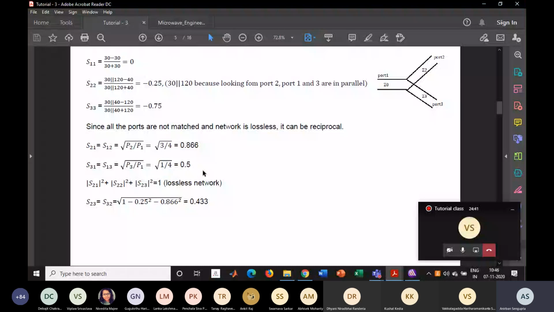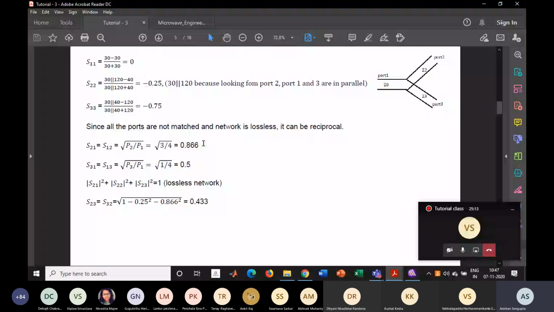So for S21 or S12, we can find out from the ratio P2 by P1, as these are voltage reflection coefficients, so we have to take the square root of P2 by P1. That will come out as root of 3 by 4, which is 0.866. And the same we can find for S31, which is 0.5.